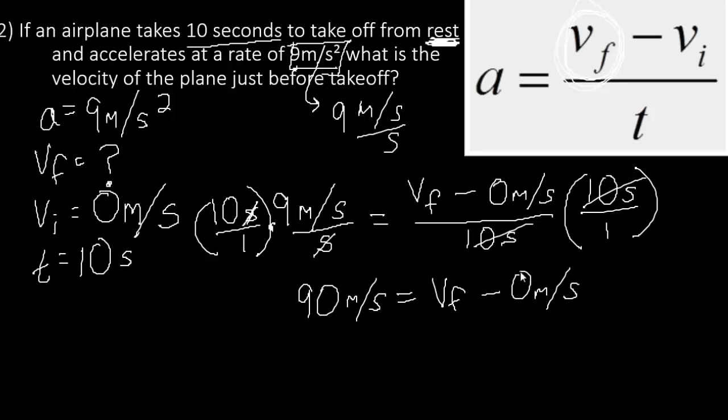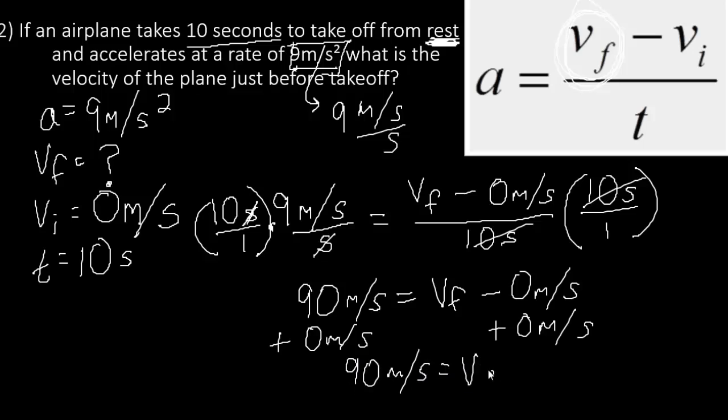Now, a lot of you probably can guess that, hey, 0 meters per second just kind of goes away. But in order to do proper algebra and to get VF alone by itself, you have to add 0 meters per second to each side. So once you do that, you will be left with 90 meters per second is equal to our final velocity, which is what we need to solve for. So now we go ahead and we know VF.